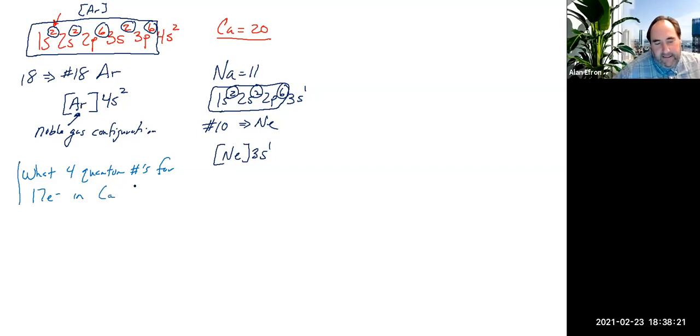Take a second, see if you can come up with what the 4 quantum numbers would be for the 17th electron that went into calcium, based on that configuration. Take a minute or two and think about what those 4 values would be for that specific electron.